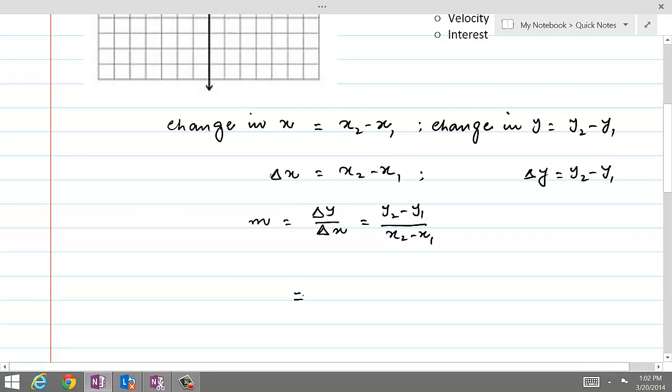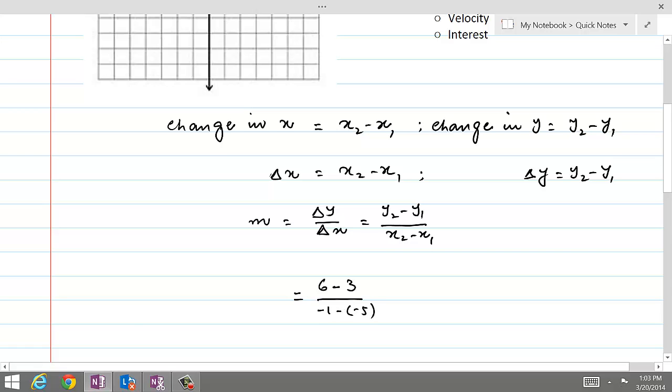For y2 minus y1, how much has y changed? The y has changed from 3 to 6. So this would be 6 minus 3 divided by how much x has changed, that is from -5 to -1. So -1 minus -5.